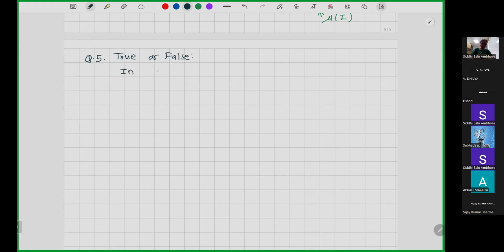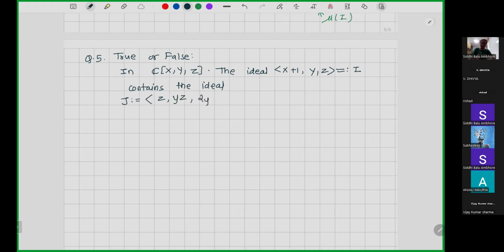Now we are in C[x,y], so we are in the polynomial ring over complex variables, and the ideal (x+1, y, z) is my I. We have to check whether it contains the ideal J, which is defined like this: z, yz, 2y^2+y, xy-y, 2xy+x.